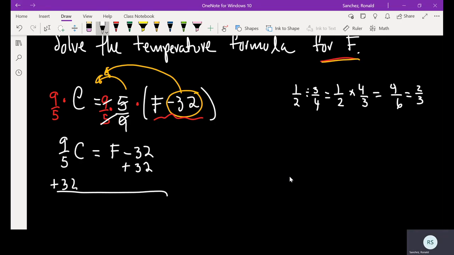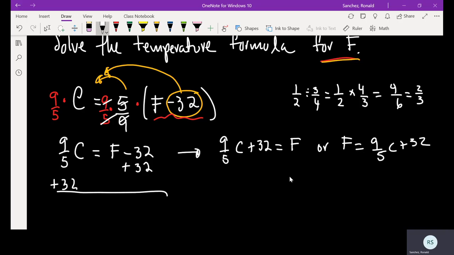And we will end up with 9/5 C plus 32 is equal to F, or this can be written as F is equal to 9/5 C plus 32. So notice how our variable F is isolated and how we were able to do this.